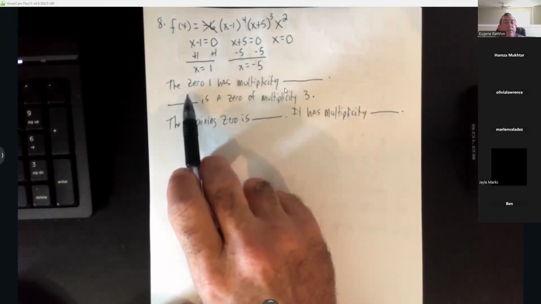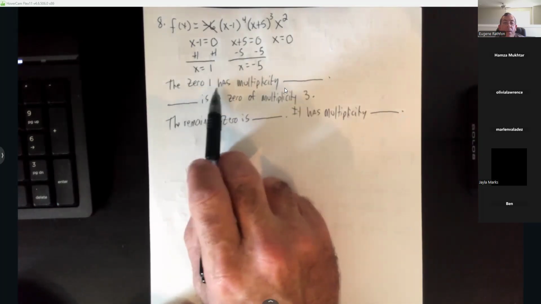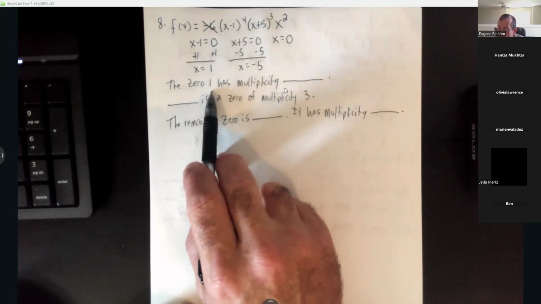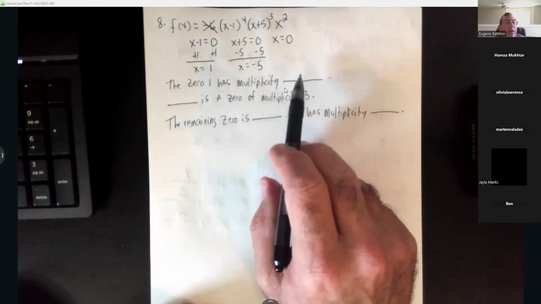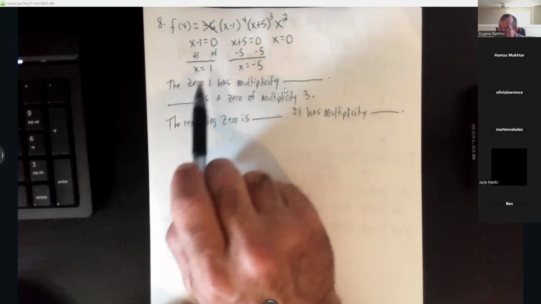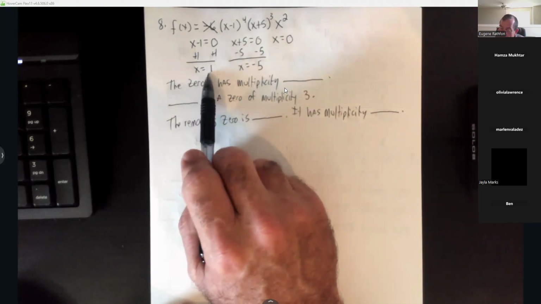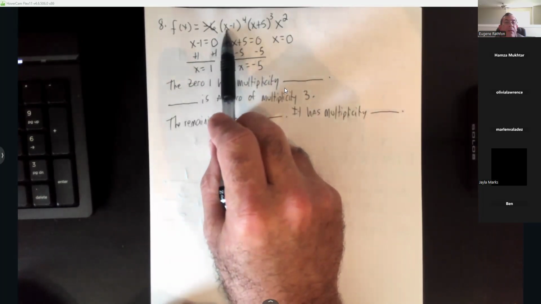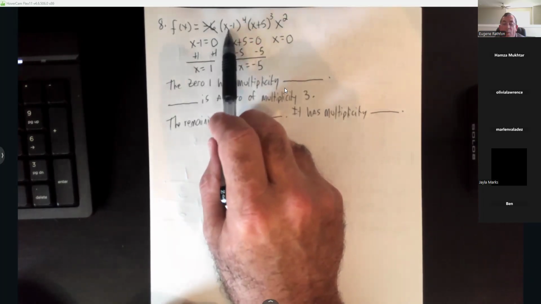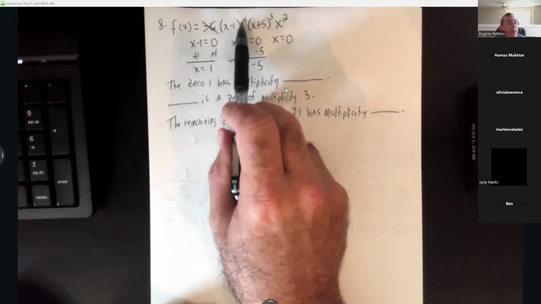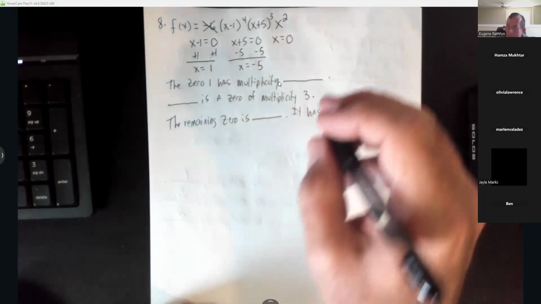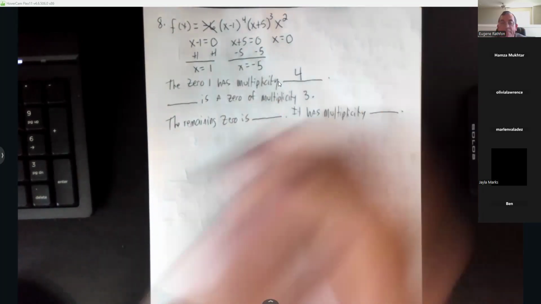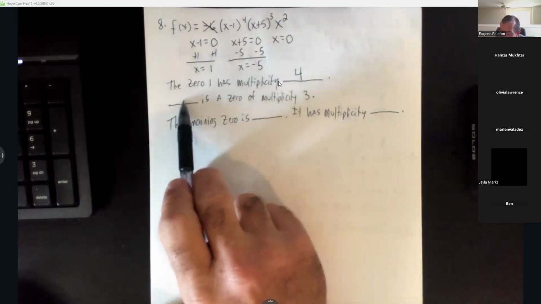All right, y'all, so let's answer this question. The 0 of 1 has a multiplicity of what? Well, here's your 0 of 1. You got it from this factor, and the exponent for this factor is 4. Good job, Olivia. So that was a 4. Now what goes here?